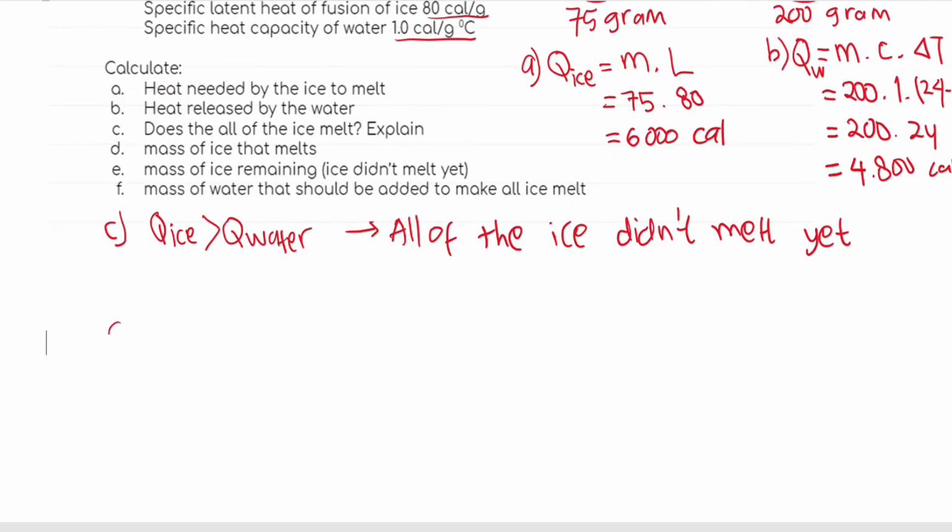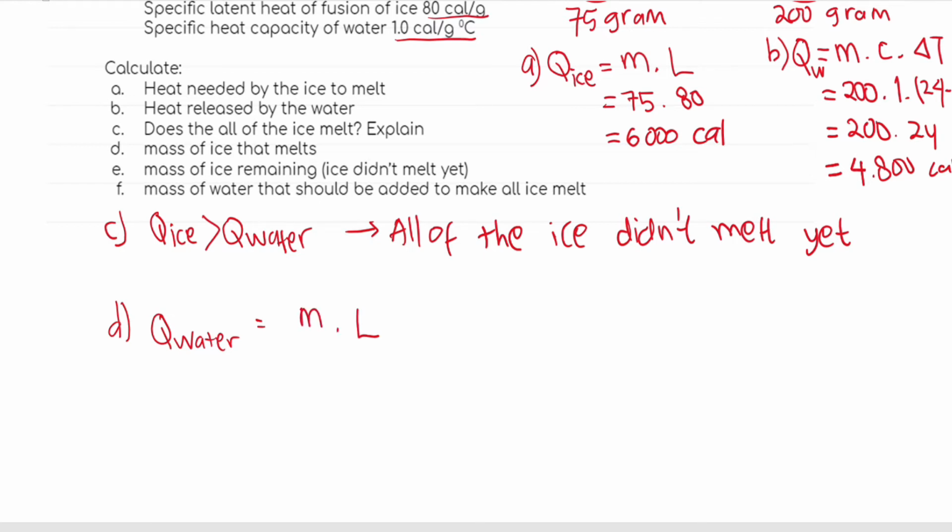And now we need to calculate the mass of ice that melts. In question C, we know that not all of the ice melted, right? So we only have the heat from the water, and we need to calculate the mass of ice that melts.